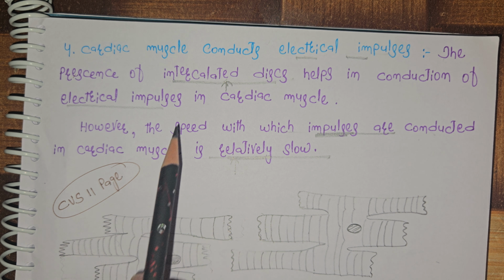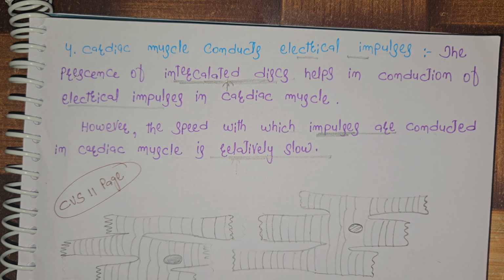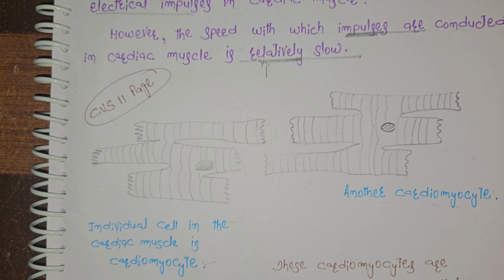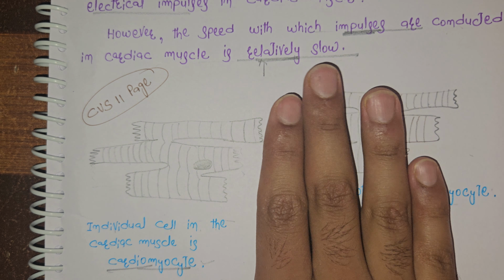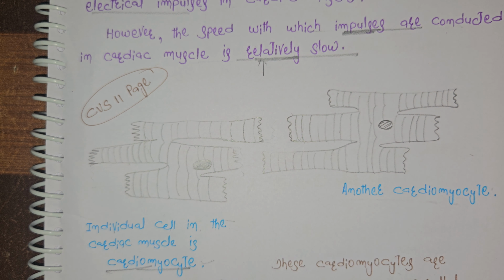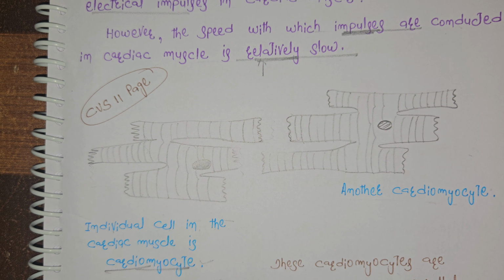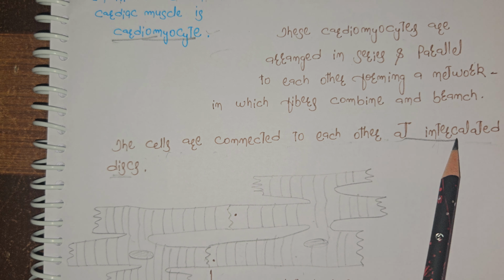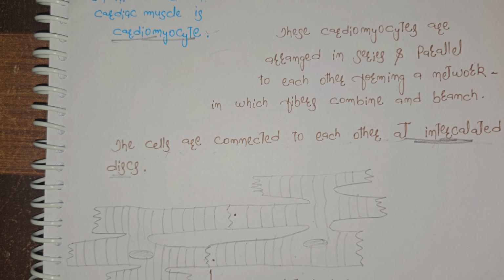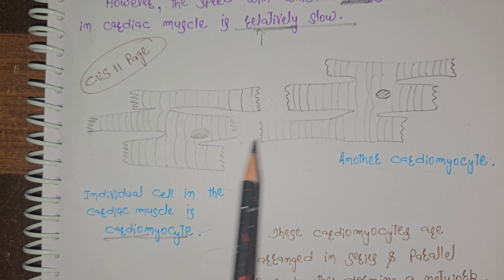Now, what are these intercalated discs? Cardiac muscle is made up of cells. Those cells are called cardiomyocytes. You can see in this diagram, this right here is a cardiomyocyte. This is another cardiomyocyte. So these cells are connected to each other at intercalated discs. One cardiomyocyte is connected to another cardiomyocyte at intercalated discs.